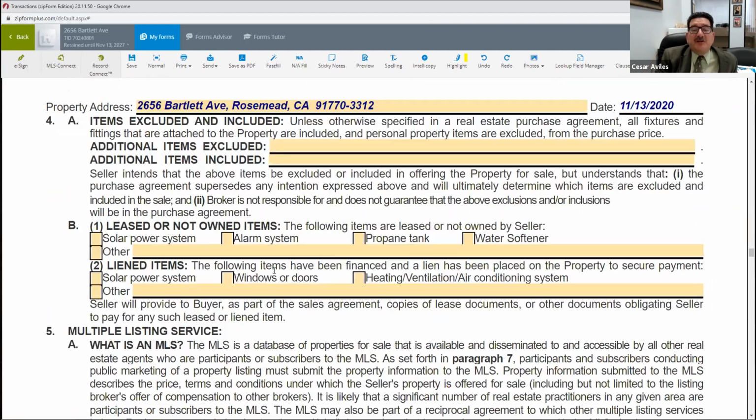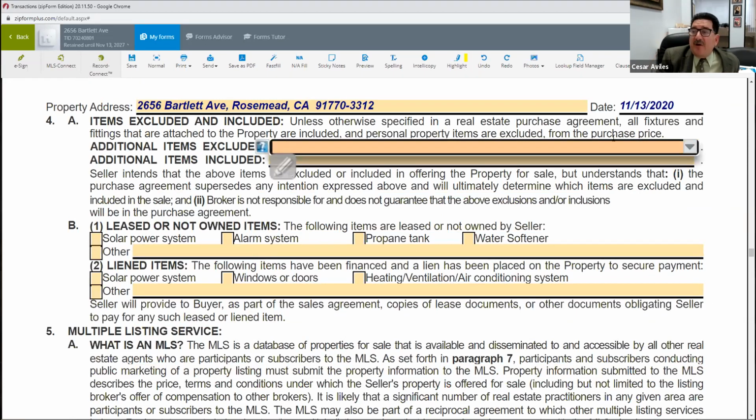So if you go to page number 2, this is where we have to talk about the items that are included and excluded, right? So here you can say, hey, I don't want to sell my refrigerator. I don't want to sell the stove. I don't want to sell anything. So exclude it right here. And make sure that if you write it here, you put it on the MLS that you're excluding certain things.